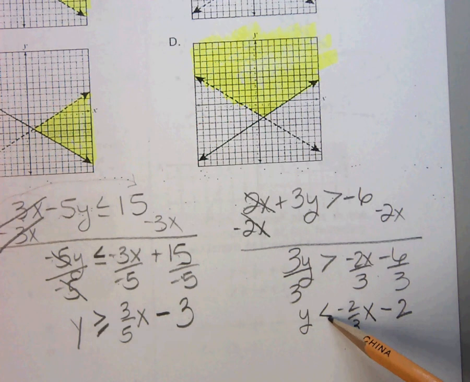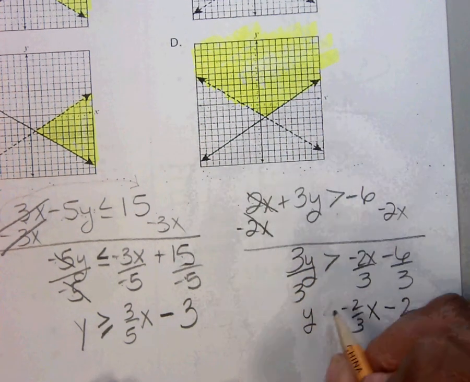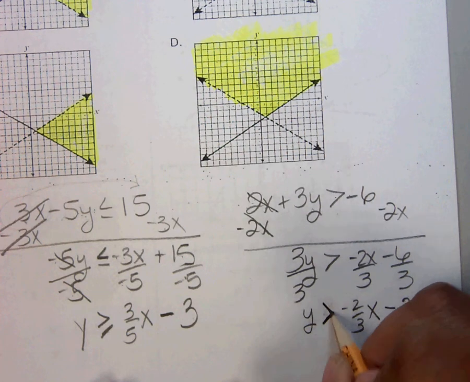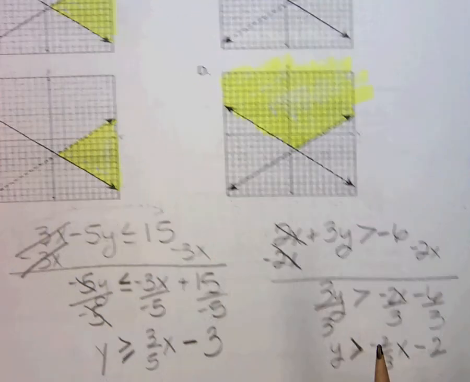Were we supposed to flip the sign? I said don't flip it, didn't I? And what did I do? Flipped it. You don't flip it because you didn't divide by a negative. So is it worth checking your work? Just because you did that on purpose. You just wanted to make a point to check your work. Well, check your work.